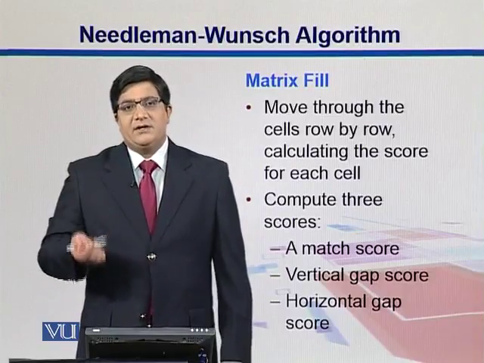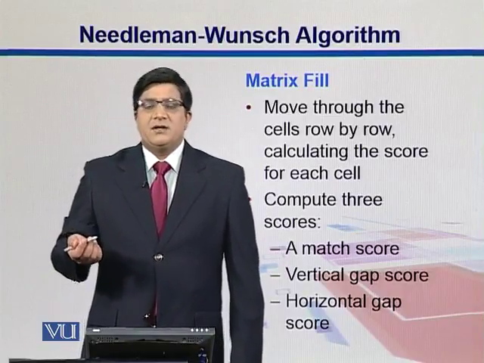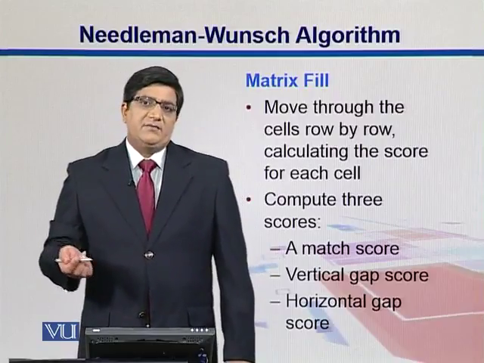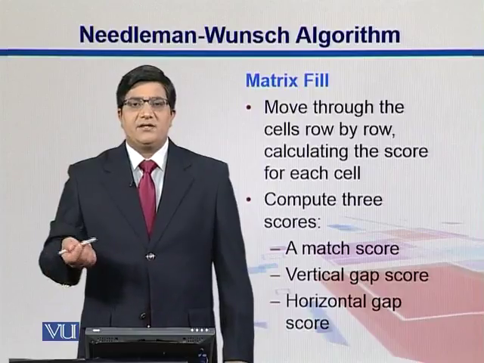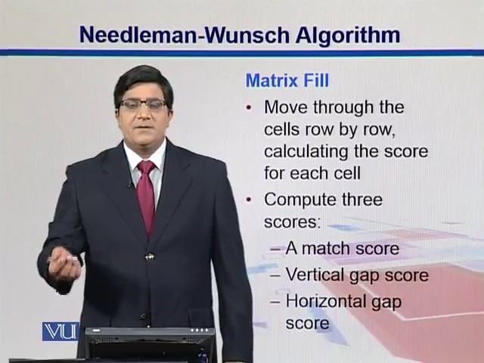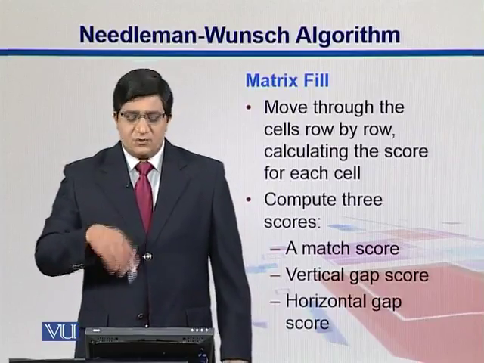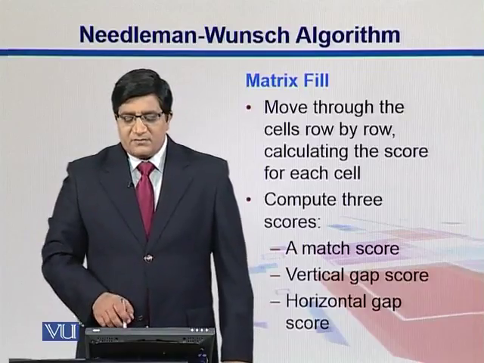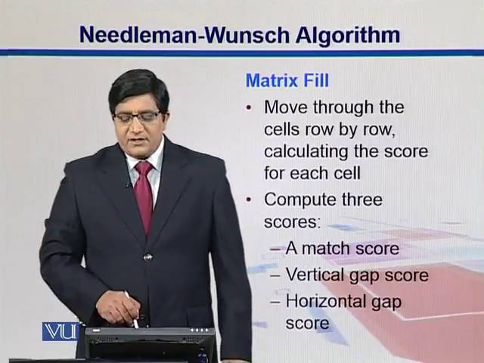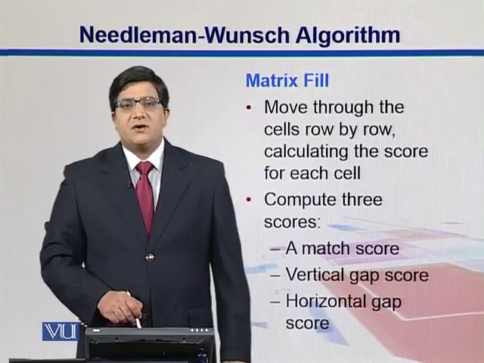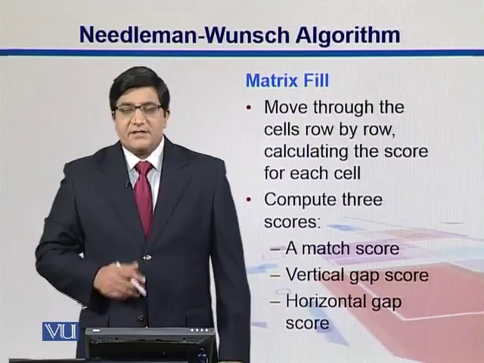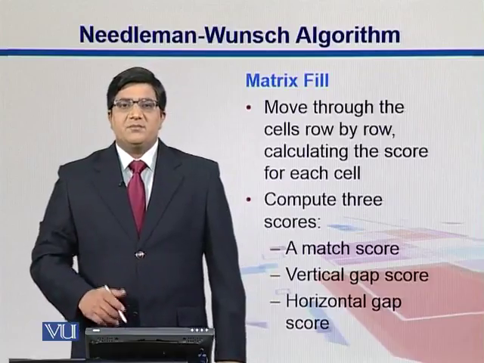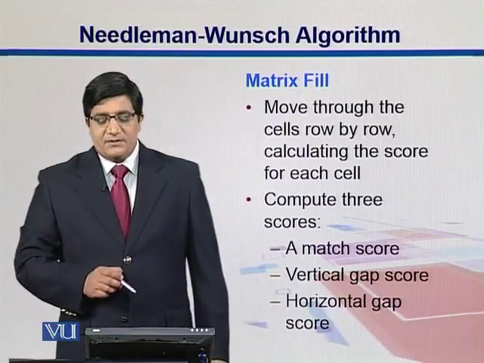If it's a match, for example, we add 3; if it's a mismatch, we use something like 1 or a negative value, depending upon our scoring scheme, so the first part covers both of them. We can take a vertical gap score, where we move from top to bottom, and a horizontal gap score, while we introduce a gap. So in this way we can have 3 different scores.